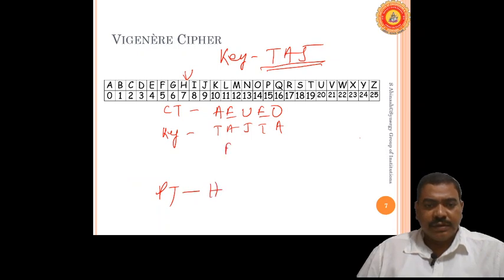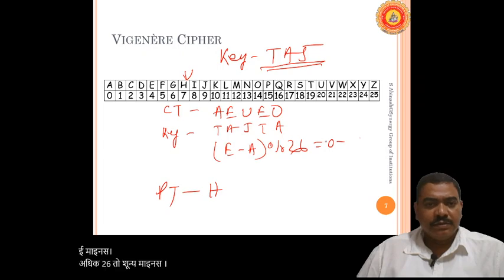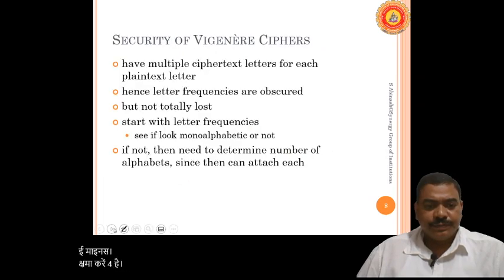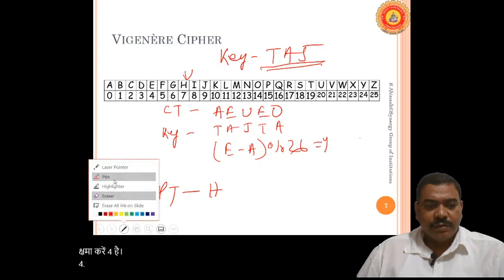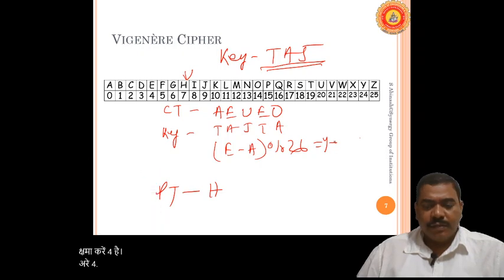Similarly, e minus a mod 26. E is 4, minus 0, that is 4 mod 26, which is equal to 4.